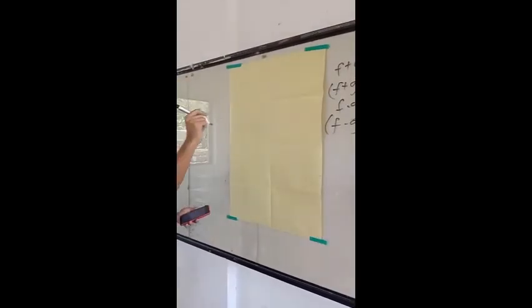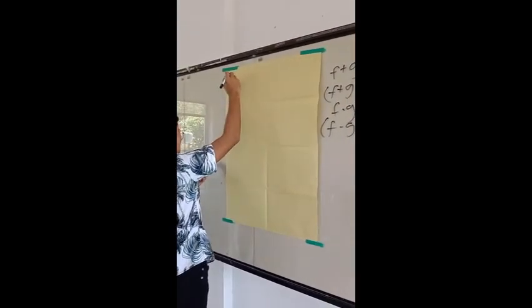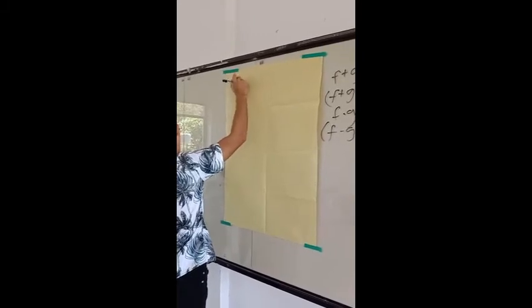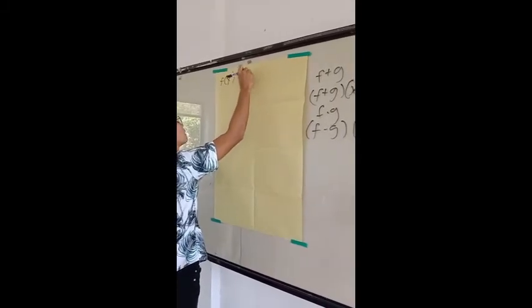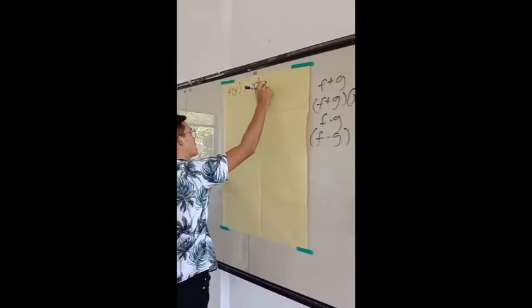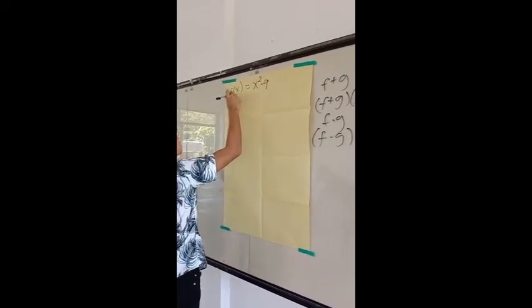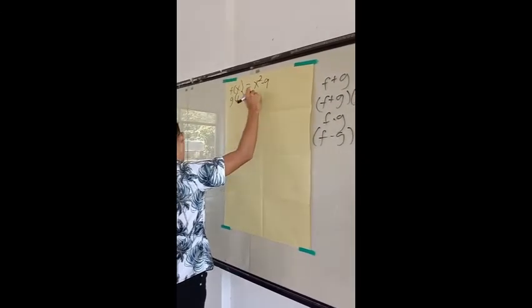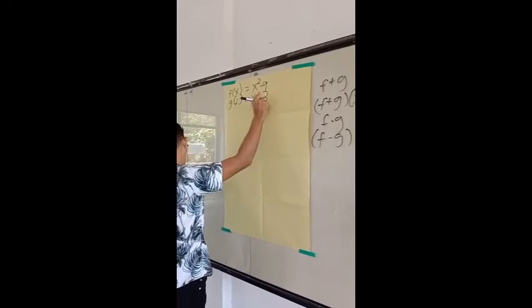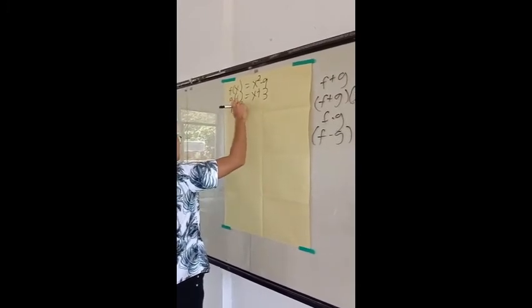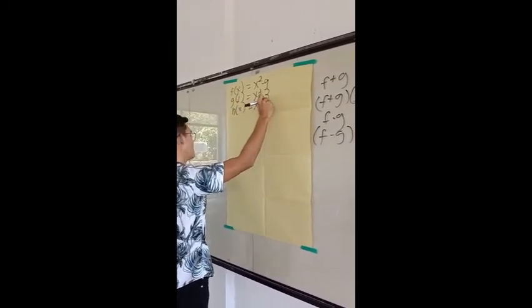So students, let us have an example. Let's say f of x is equal to x squared minus 9, and then g of x is x plus 3, and then h of x is equal to x minus 2.